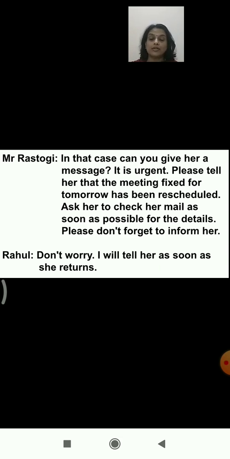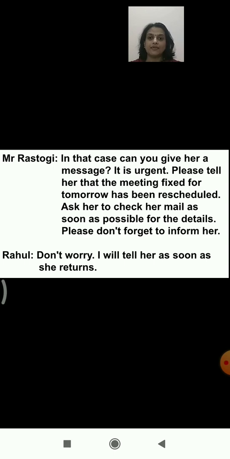He also asks him to pass this message and not to forget. Don't forget to inform her. And then Rahul assures him by saying, don't worry, I will tell her as soon as she returns. Right? So this is the telephonic conversation which we saw just now.